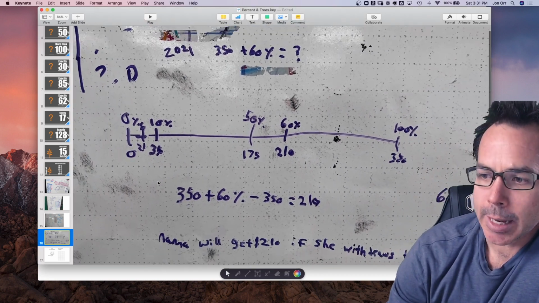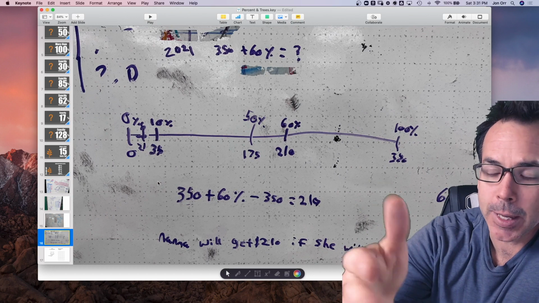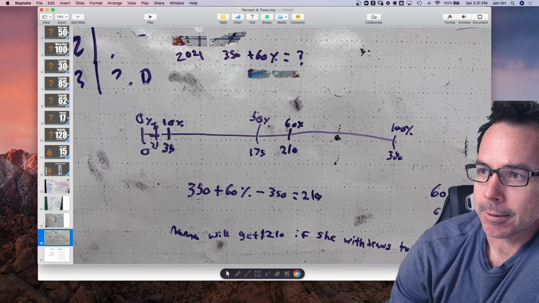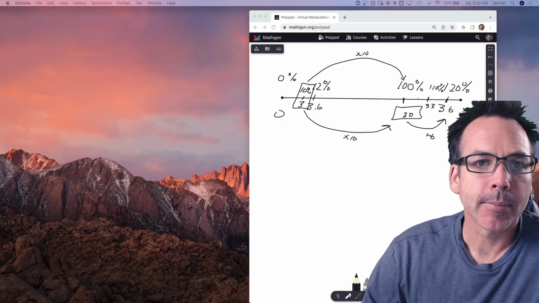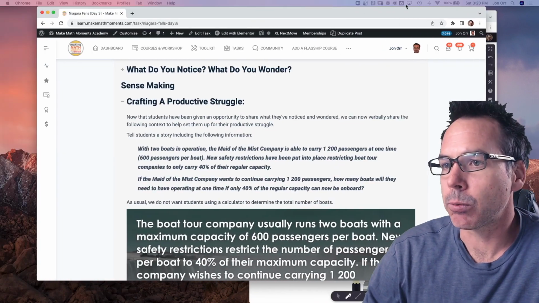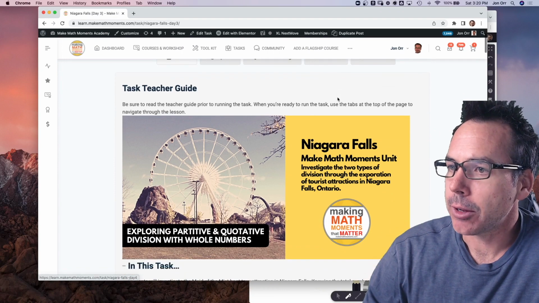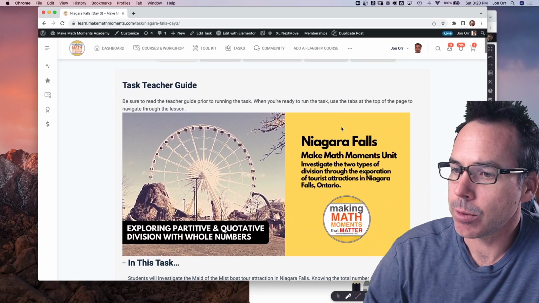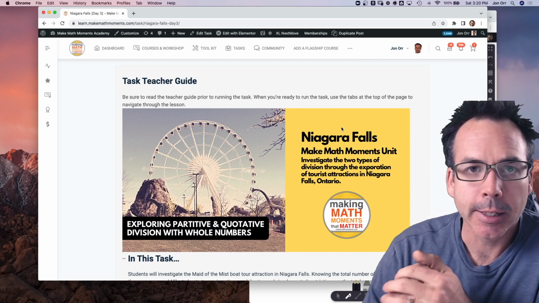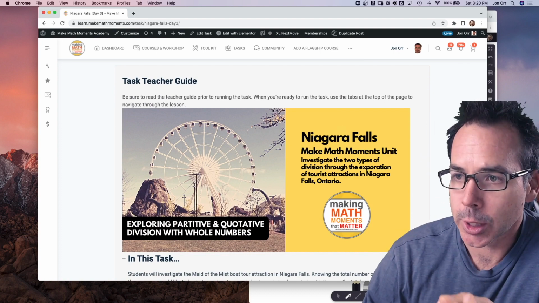So some more examples for you to have a peek at, and hopefully I've convinced you that a number line is a really nice strategy to show your students. And in particular, I want to point out one that's really nice, which is Niagara Falls. Now, Niagara Falls is a 5-day unit on division, but eventually gets into percent and working with percent.